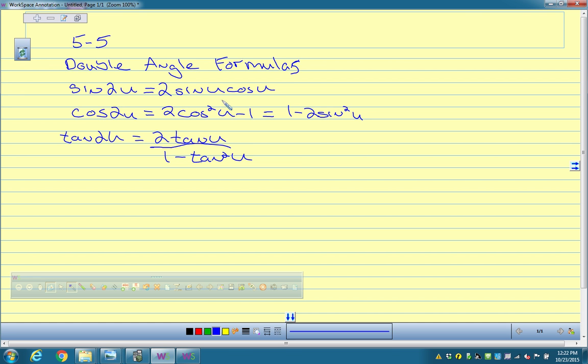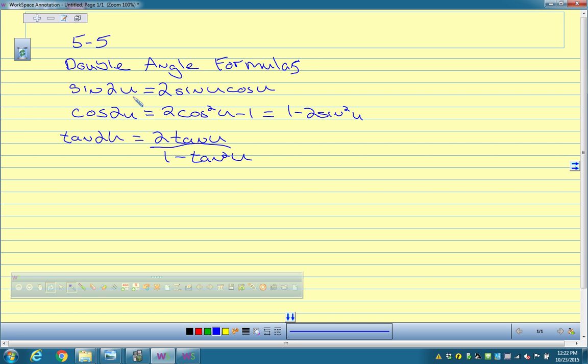Or sometimes you can use them to solve equations. We'll do the half angle formulas, and the half angle formulas are derived from these, okay? Those are used to find sines and cosines of angles exactly that you don't normally know the sines and cosines of, which I'll talk about.